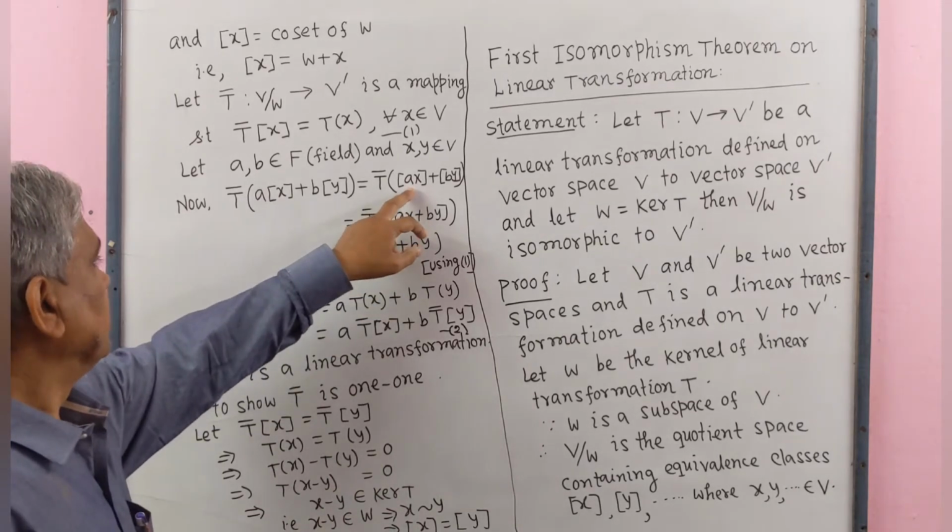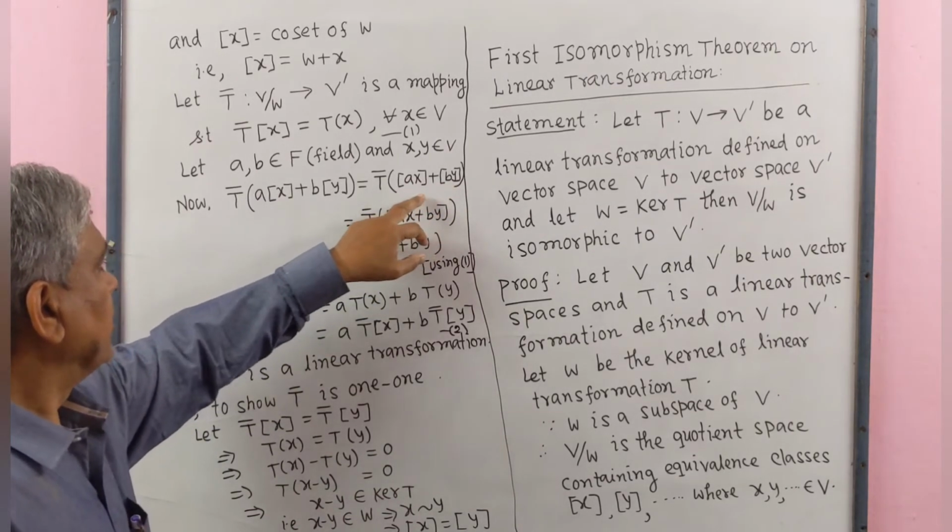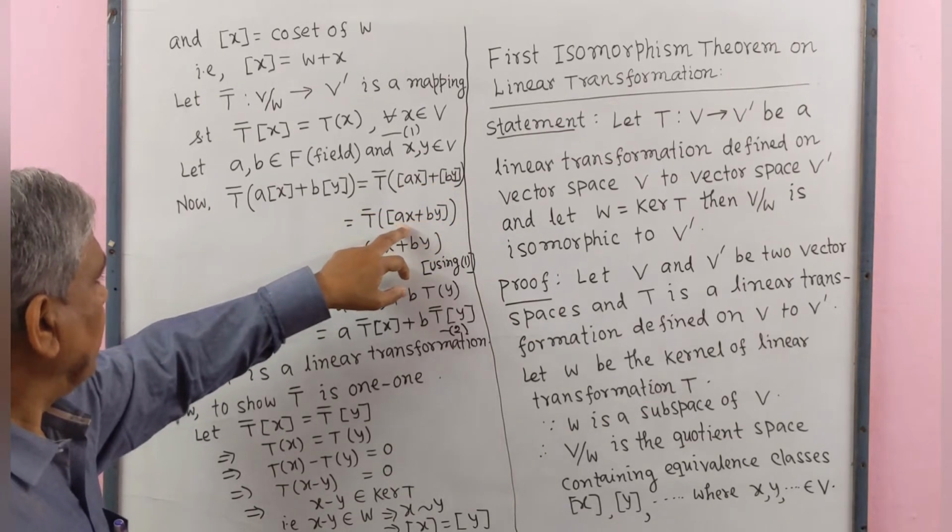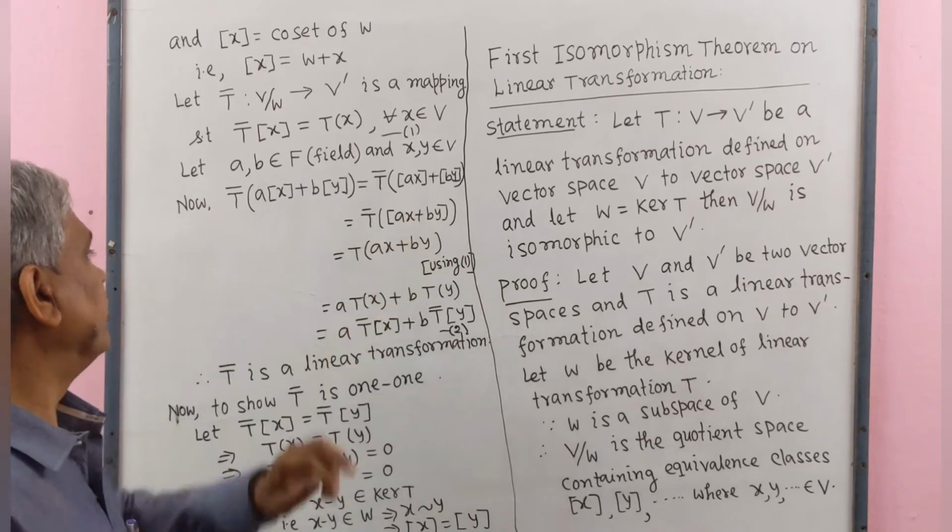Here the sum of two classes AX and BY is the class AX plus BY.